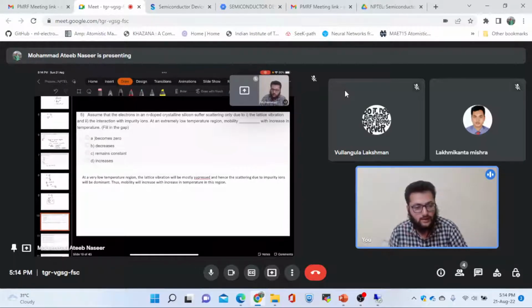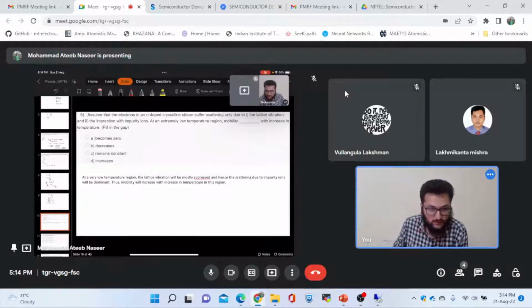So now we are taking a case when the temperature is very low. What will happen to the mobility if we increase the temperature at low temperatures?